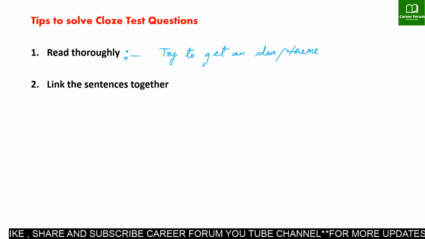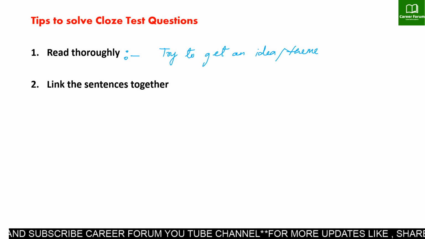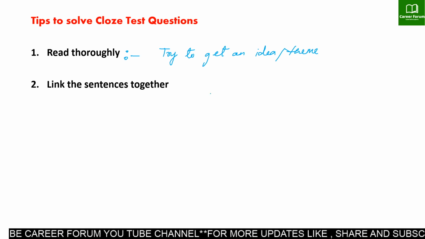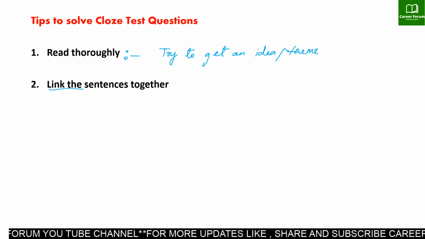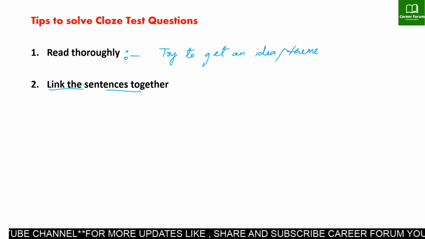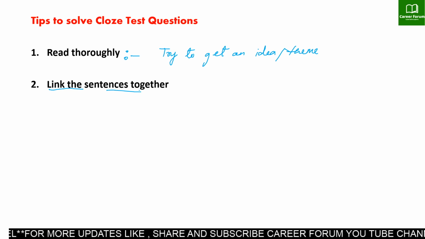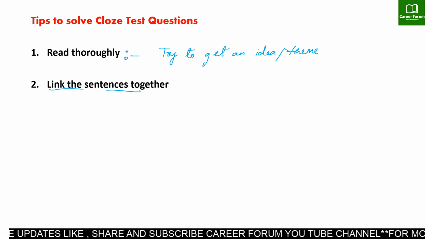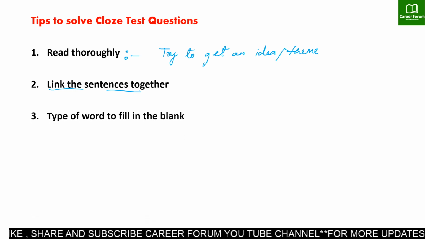So never make the mistake of treating every sentence as an individual one. Every sentence has clues, every sentence has some linkers, and you have to identify those linkers to link the sentences and to comprehend them accurately. Am I clear? So try to look for the words given in the paragraph that link one sentence to another.